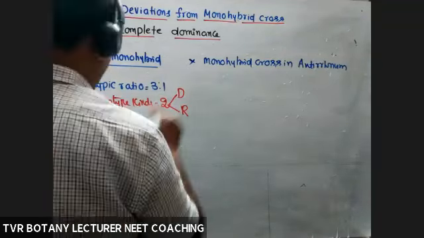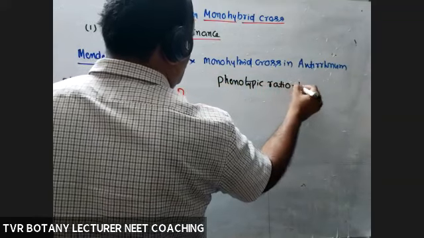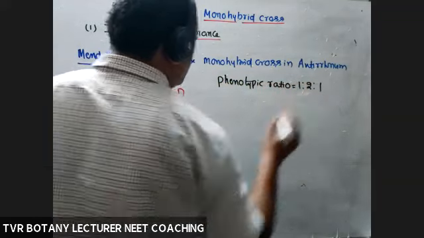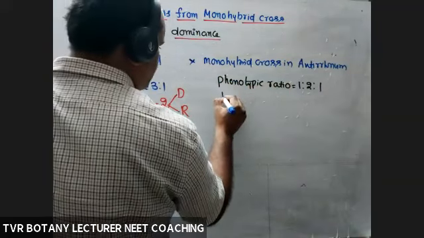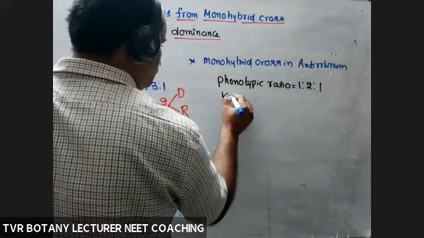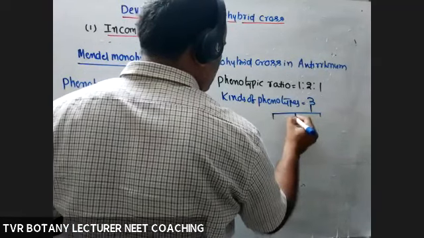And what about the antirrhinum plant? Phenotypic ratio is 1:2:1. Okay, so kinds of phenotypes: how many kinds? 3 kinds. What are those 3 kinds?